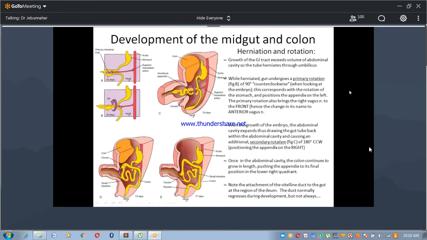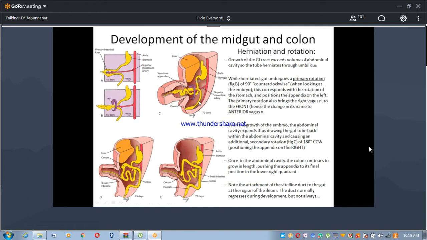While herniating, the gut undergoes a primary rotation of 90 degrees counterclockwise. This is the counterclockwise rotation as the gut herniates, in the direction opposite to the clock hands, with a left orientation, through the umbilical orifice.